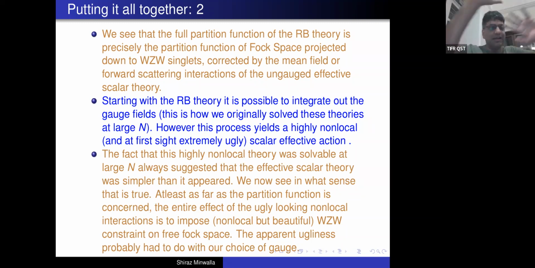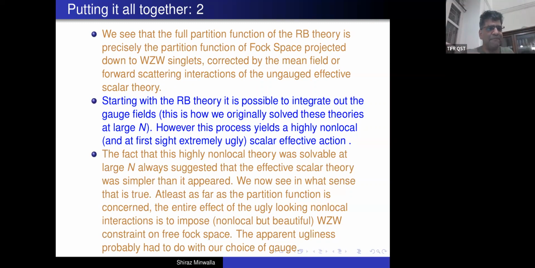But this theory of matter degrees of freedom interacting with each other had some local pieces. That was the renormalization of the potential that I told you about. But other than that, a highly non-local mess. And that highly non-local mess turned out we could deal with quite miraculously. What we're seeing here is that the whole effect of that highly non-local mess is to impose the Wess-Zumino-Witten singlet condition.